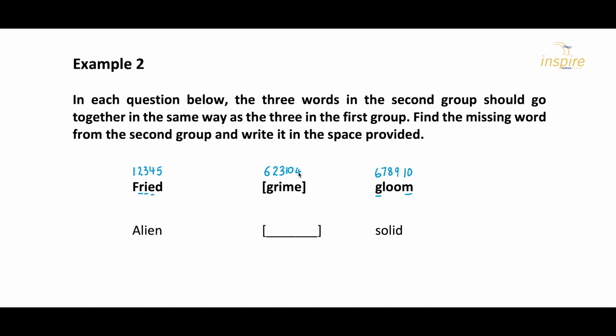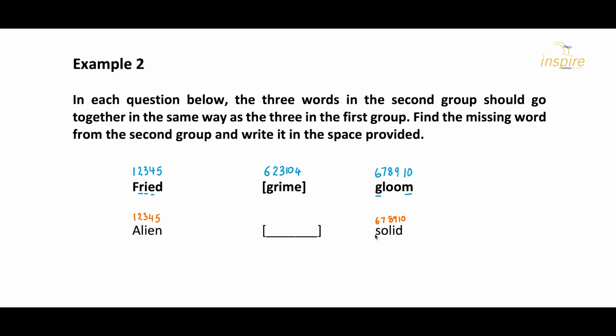Because what we're going to do now, I'm going to do it in a slightly different colour. Let's do it in red. If we label these 1, 2, 3, 4, 5, 6, 7, 8, 9 and 10. We're going to follow the same pattern, so we need 6.